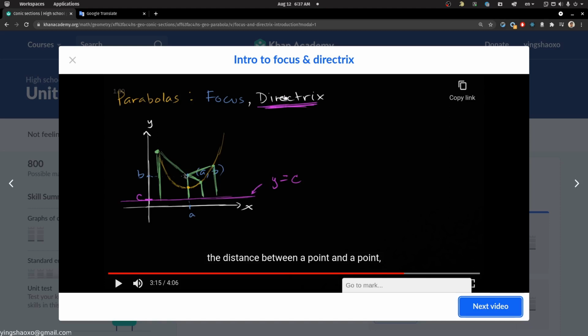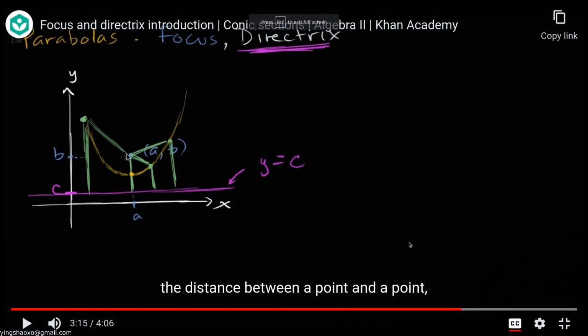The directrix here is just a line, for example, the purple line right in here. And the focus point is what my mouse is pointing at. So these concepts are quite new for me. But what's the point for those concepts? How can we use it to do something?